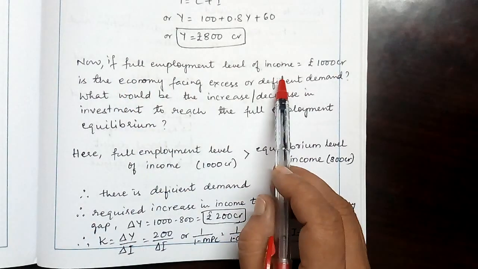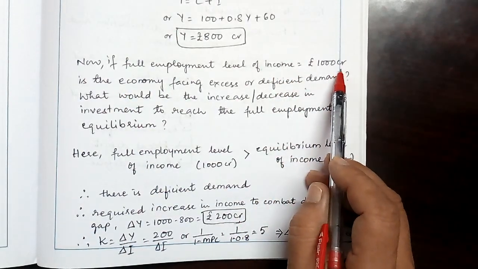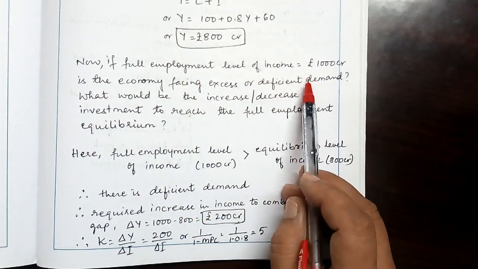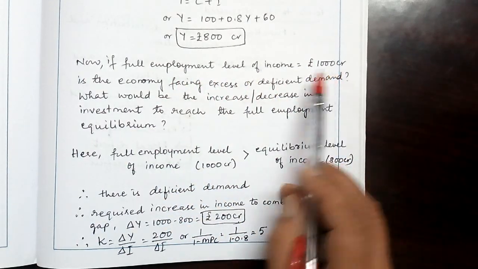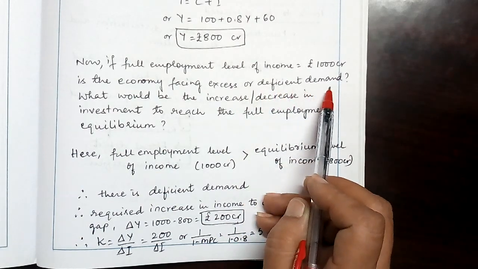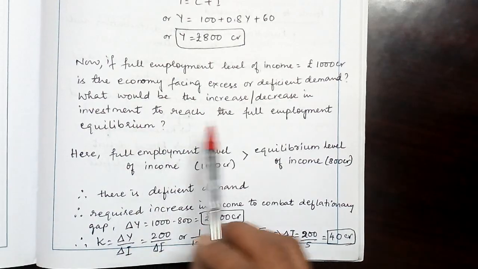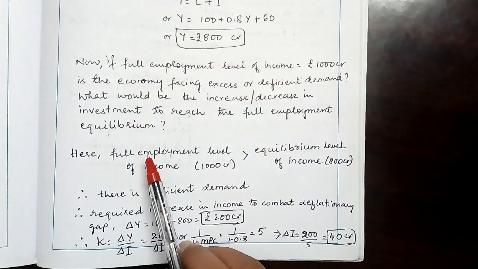Now if full employment level of income is 1000 crore, is the economy facing excess or deficient demand? What would be the increase or decrease in the investment to reach the full employment equilibrium?